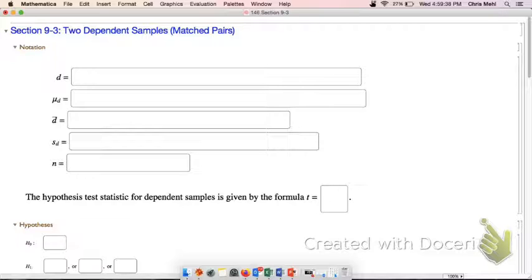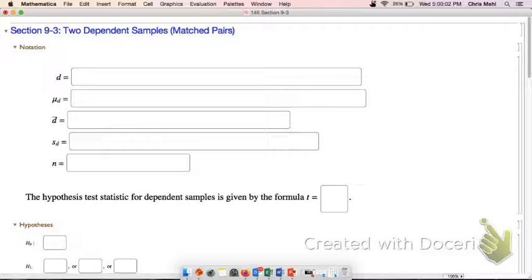We'll go through an example or two in just a moment, but first, to get some notation out of the way. What we're doing is looking at two populations of data that are paired in some natural way, a first population and a second population.